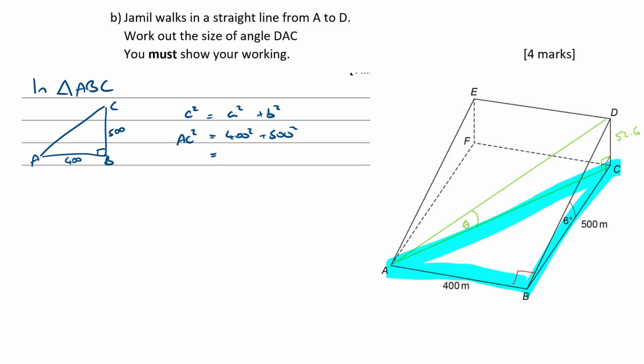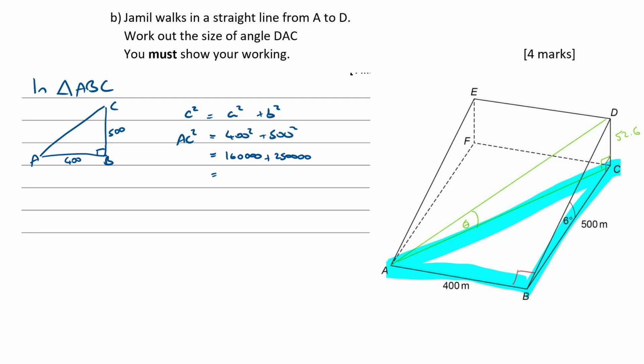What's that then? 400 squared is 160,000, and 500 squared is 250,000. And that all together then is 410,000.